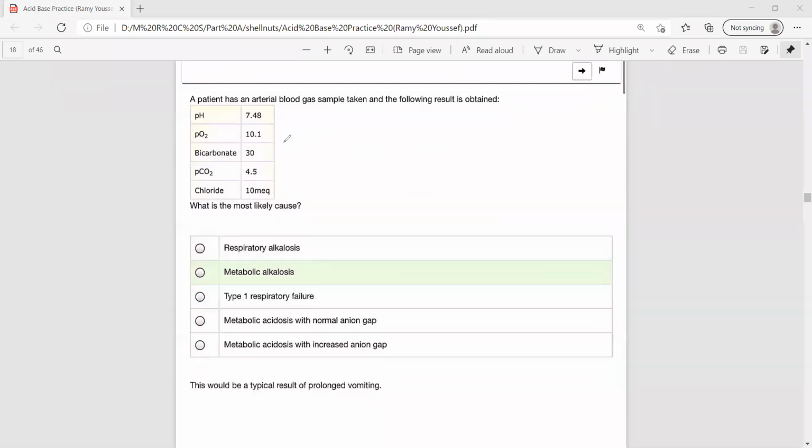The exam can give you the table and ask you about the pathology, the ABG abnormality. So it will be metabolic alkalosis. Clear? Sometimes he doesn't ask you about the metabolic alkalosis directly. He tells you the patient has severe diarrhea.